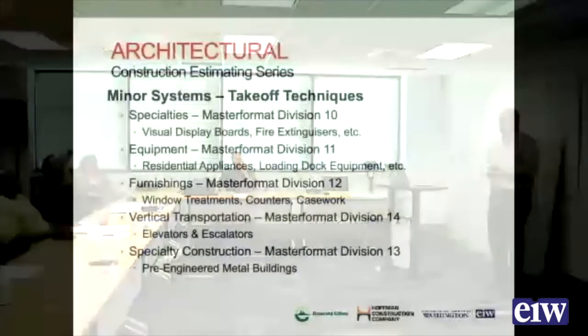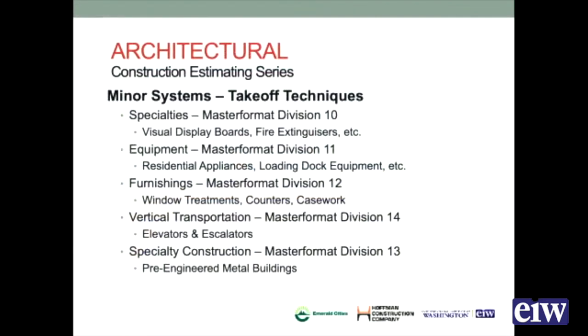Division 11 is equipment. Architecturally speaking, you'll look at residential appliances. You will see loading dock equipment, so dock bumpers, dock levelers. Those types of items are specified there. You'll also see specialty equipment, like lab equipment, if you're looking at a laboratory project, that will be specified in Division 11.